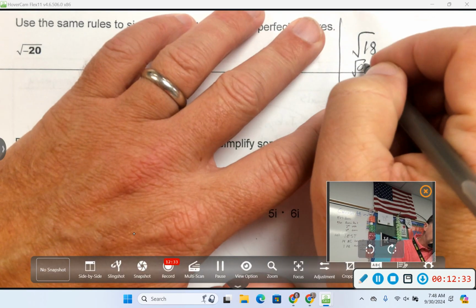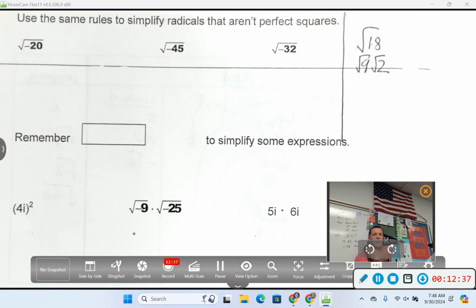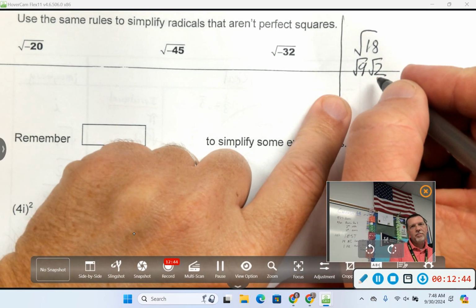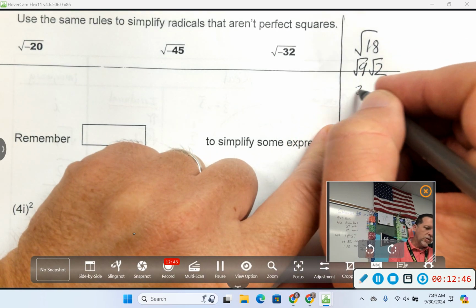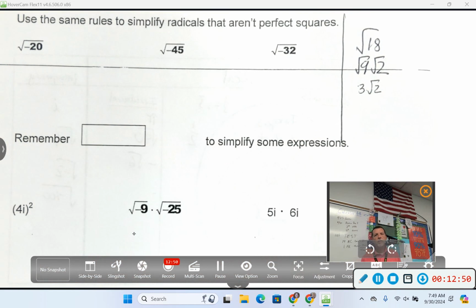So I'm showing a step that you probably don't show, but to show where it comes from, you could rewrite 18 as 9 times 2, and the reason you would split it up into 9 and 2 rather than 3 and 6 is that 9 has a square root. So 3 square root of 2.